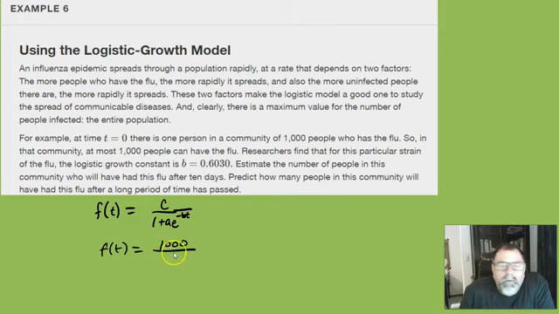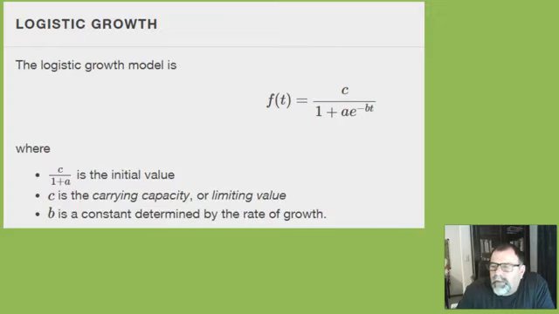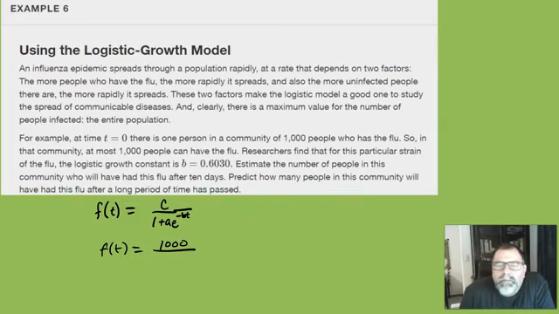Let's back up here. C over 1 plus A is the initial value. So remember, the initial value was one person, 1. So C over 1 plus A is equal to 1. So 1,000 over 1 plus A equals 1.